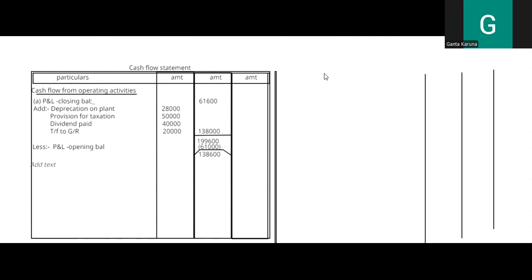So first value is what? Stock, which is reducing by 52,000. And the second one, debtors, which is reducing by 31,600. So these two things are done. Only these two things were there and these two things are reducing. Now I see my current liabilities. Are any of the current liabilities increasing?